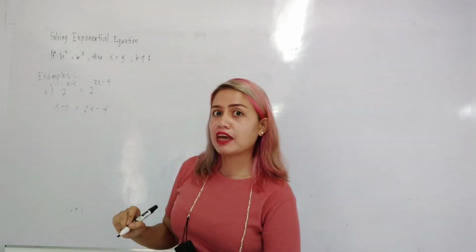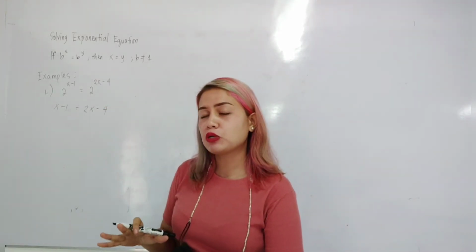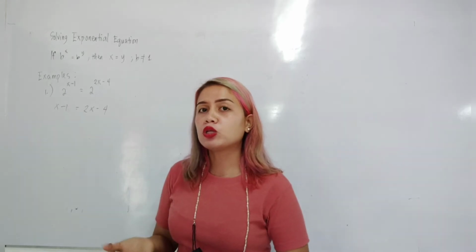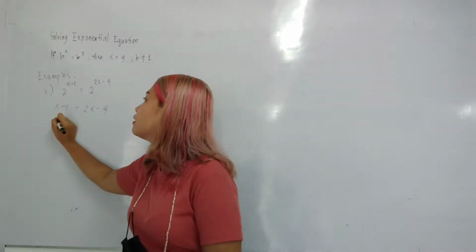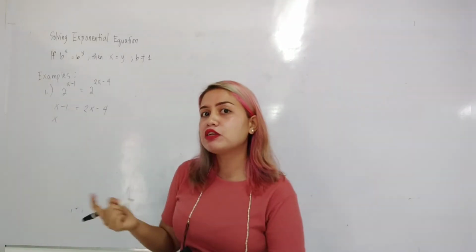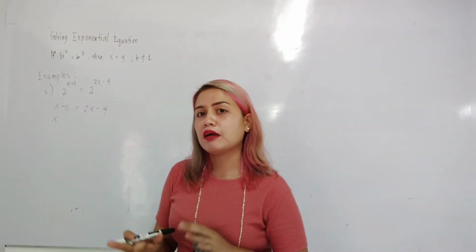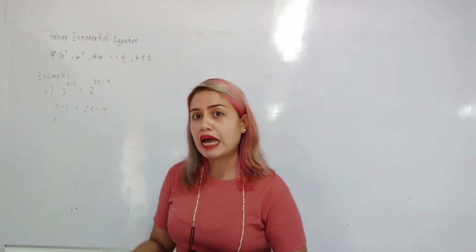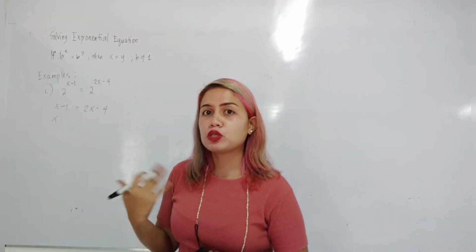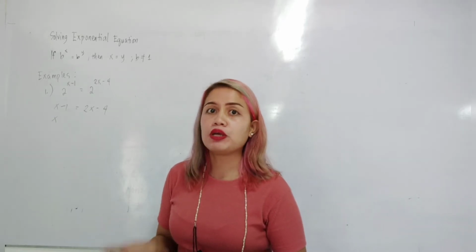Solving for the value of x, we need to combine all like terms. It means that we need to transfer all the terms with variable to one side and all the constants to the other side. And always remember that every time you transfer a variable or a polynomial to the other side, make sure that you change its sign to its opposite.